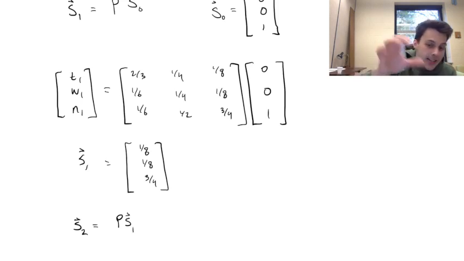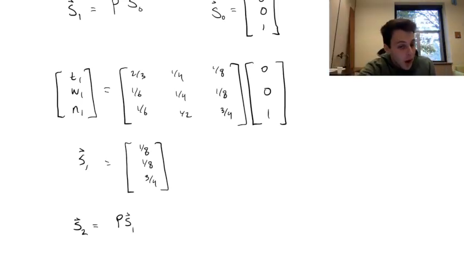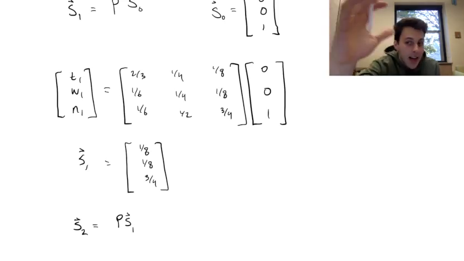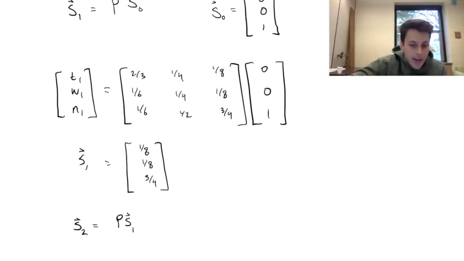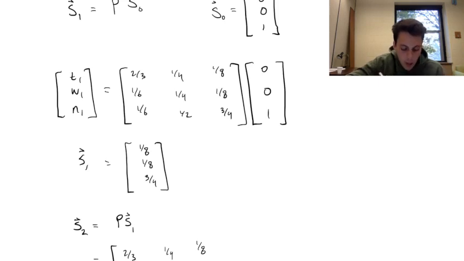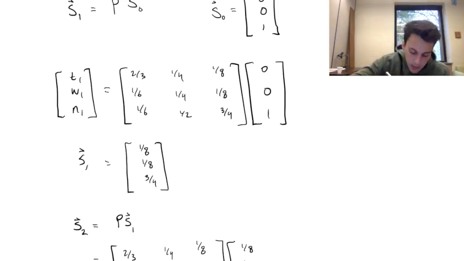We needed to start at 0, but we computed 1. And now we can use 1 in a new matrix vector product. So now we're going to have to do this whole matrix again. 2/3, 1/6, 1/6, times 1/4, 1/4, 1/2, 1/8, 1/8, 3/4. But now it's times S1, which is 1/8, 1/8, 3/4.